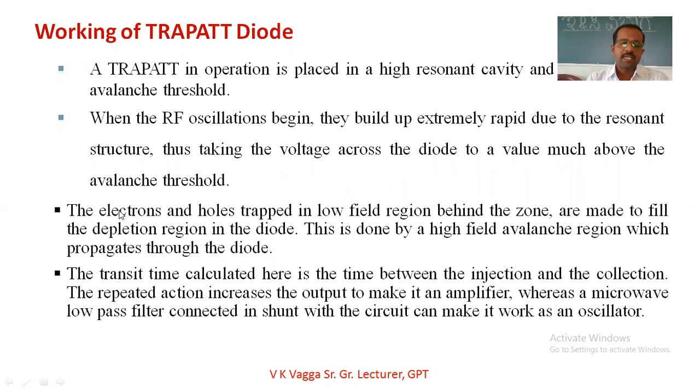Afterwards the electrons and holes are trapped in the depletion region and fill it. After it is completely filled, it propagates through the diode. The transit time is calculated as the difference between the injection time and the collection time. It is repeated continuously so that it acts as an amplifier.